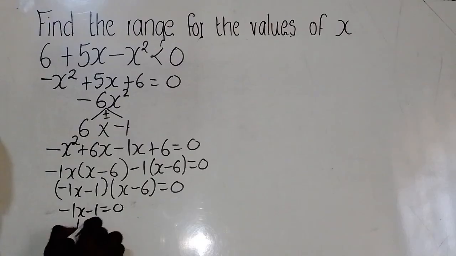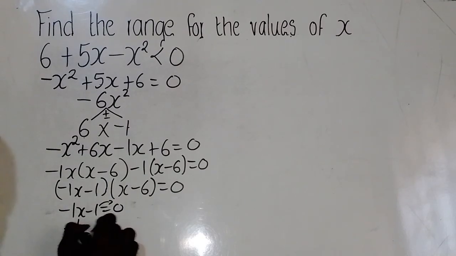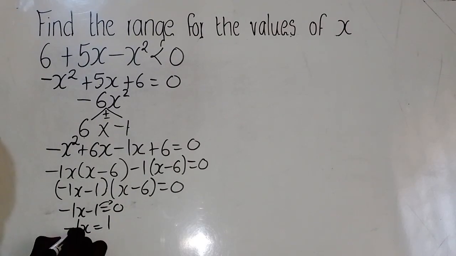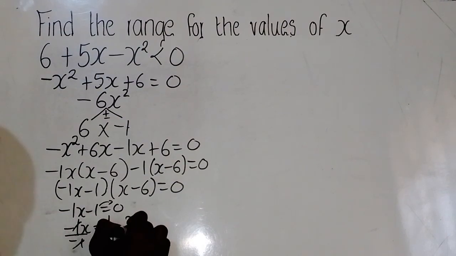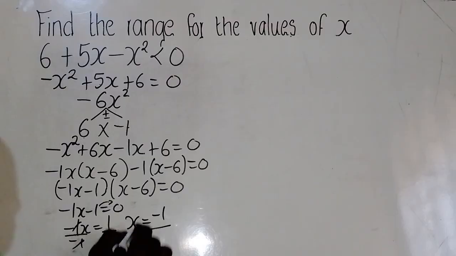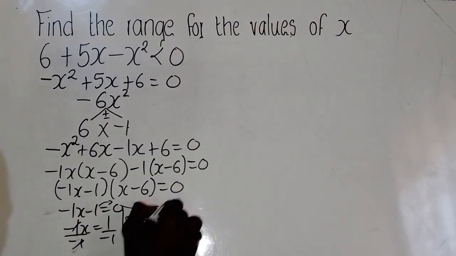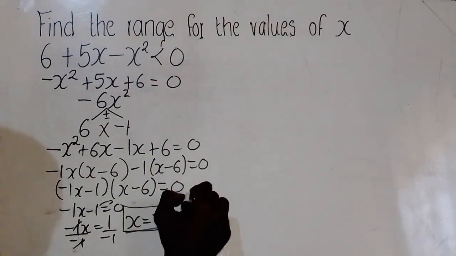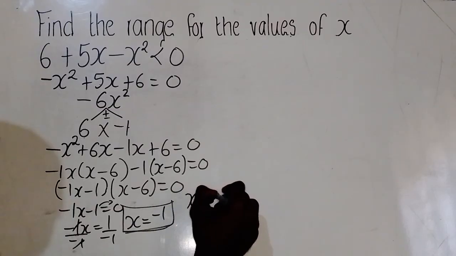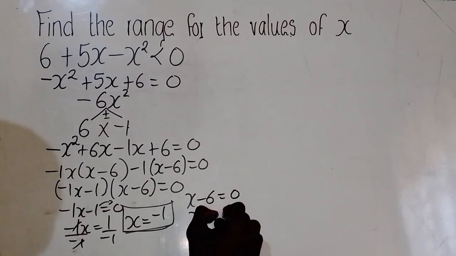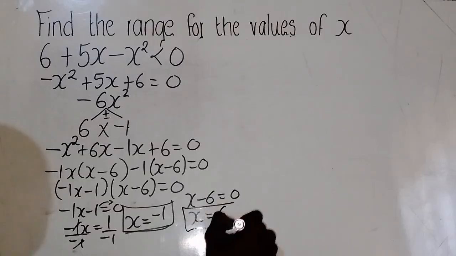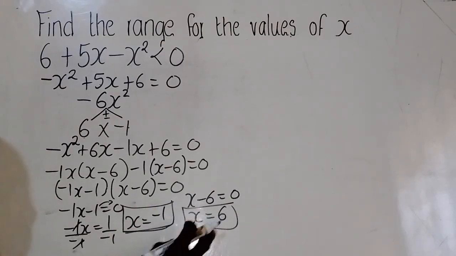It is now negative 1x equal to positive 1, you divide by negative 1 and it cancels out. So x is equal to negative 1, which is the first root. Then you go to negative x minus 6 equal to 0, so x equals positive 6. This is the second root.